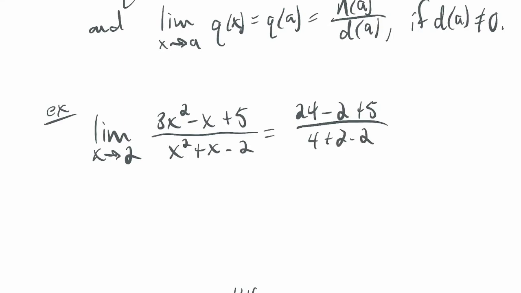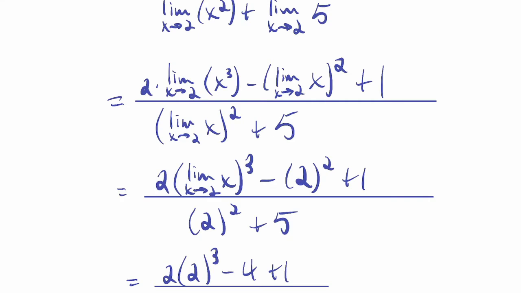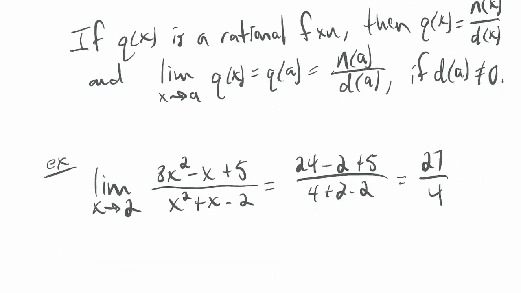So that'll be 27 over 4. Yeah, 27 over 4. I'm done. I didn't have to do any algebra or rearrangements with these properties. Now, I'm implicitly using them, but we don't have to write it out that way every time.